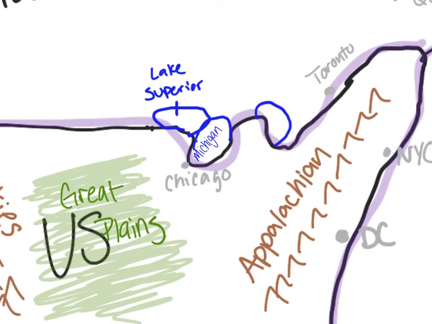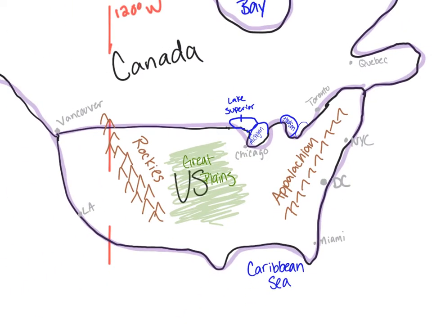That is Huron. And then we have Lake Erie. Let's come back out. This is Lake Erie, right there. And then Lake Ontario is right there. So those are the 5 Great Lakes.